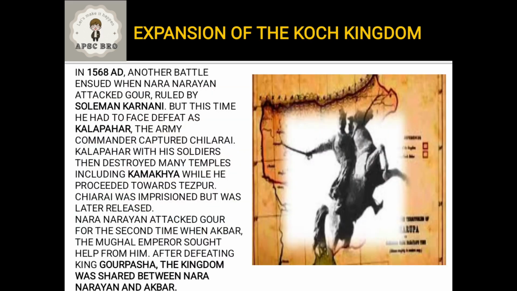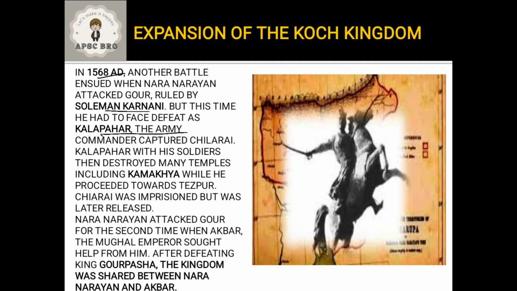Okay. As you can see here, around 1568, this was during the first attack on Bengal by the Kus kingdom. That is, Chilarai attacked them. At that time Sulaiman Karrani was the ruler. Chilarai was imprisoned. During this time, when he was imprisoned, the army commander Kalapahar attacked Assam, and he had this vendetta of destroying Hindu temples.